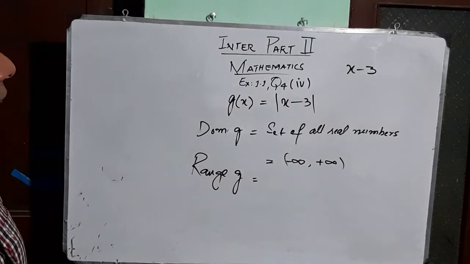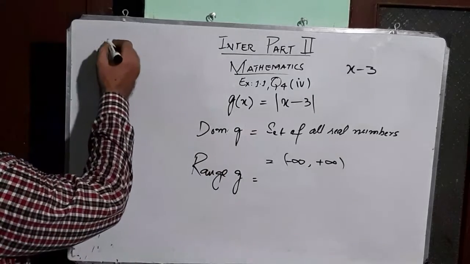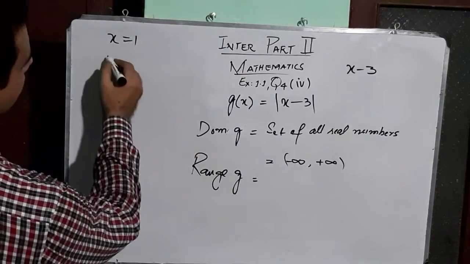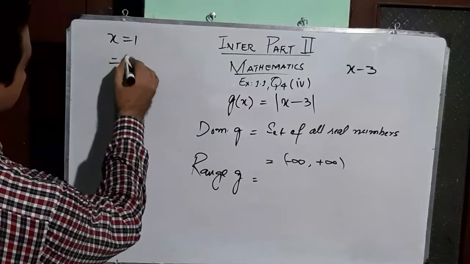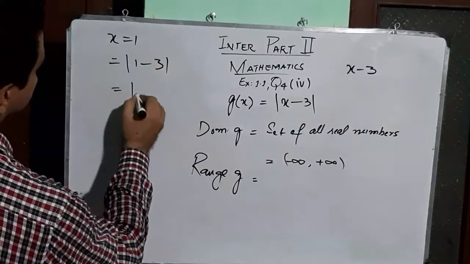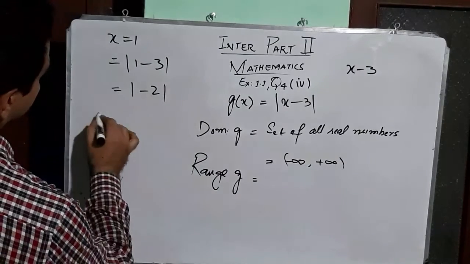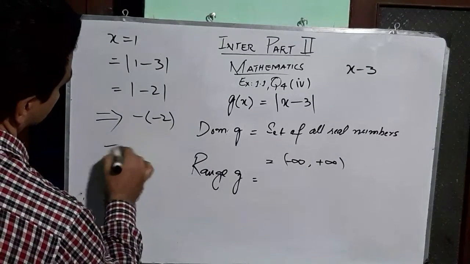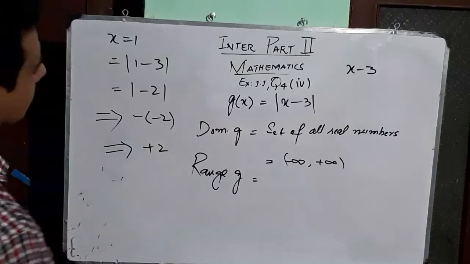So for example, if we put x is equal to 1, then 1 minus 3 is equal to minus 2, which implies minus minus 2, which further implies plus 2.